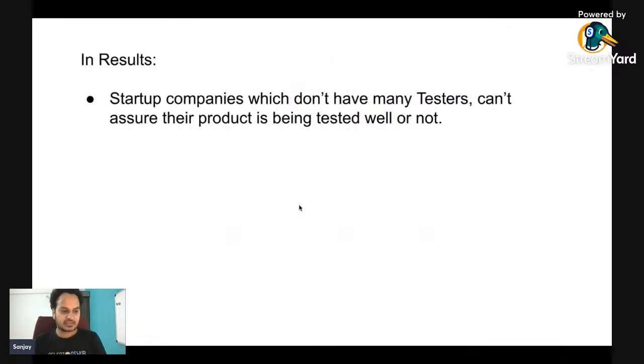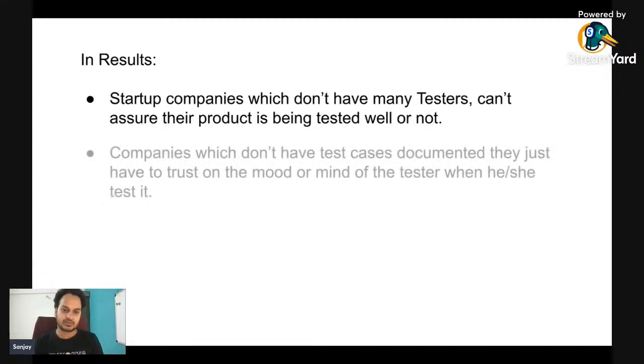So in results, with the help of Test Case Hub, startup companies which don't have many testers, and can't assure their product is being tested well, now have this Test Case Hub. They can simply search for their test cases here, and even if they have one tester, or no tester, only a developer, he can just search the test cases and do the testing.